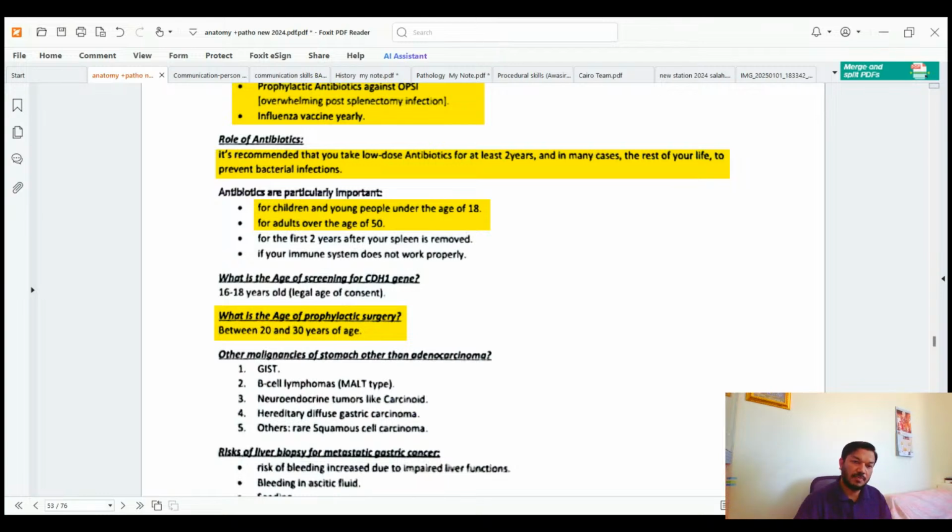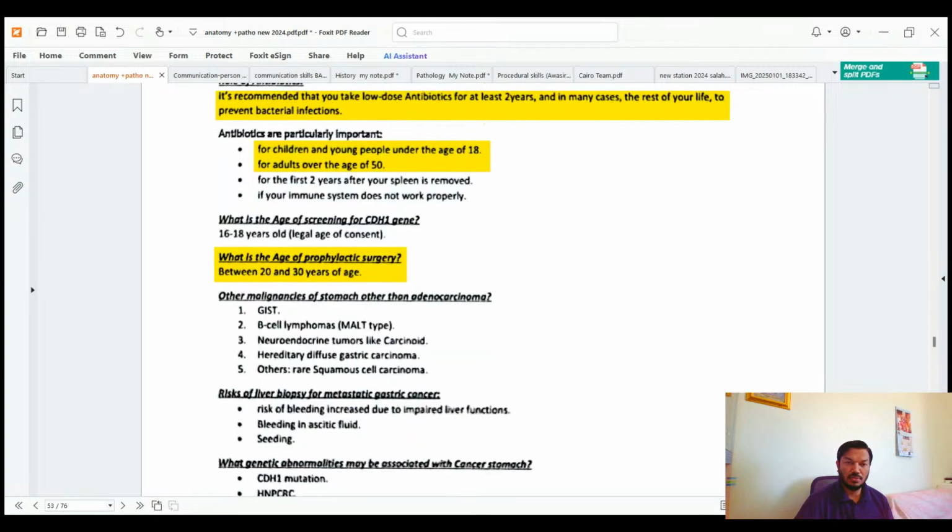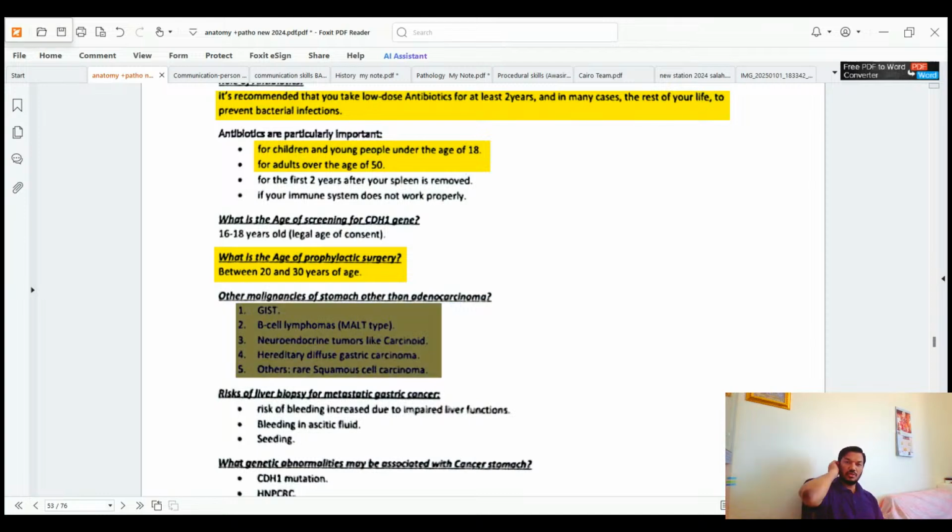Okay. Other malignancies of the stomach other than adenocarcinoma. We have GIST, gastrointestinal stromal tumor, melanoma, B-cell lymphoma, neuroendocrine tumor like carcinoid, hereditary diffuse gastric carcinoma, and others, and rarely squamous cell carcinoma.